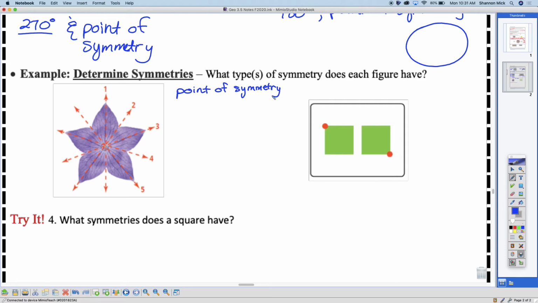Because I have one through each of the petals, right? And that's basically it, because we can't divide it anywhere else, can we? It's not like I'm going through this petal and then hitting another petal. So there's 5 lines of reflection.